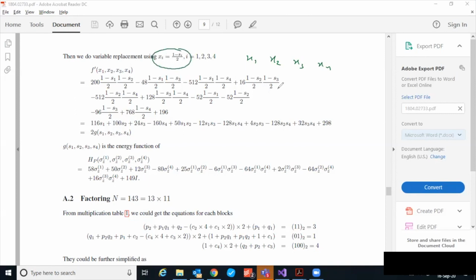As was said before, from a discrete variable, you can turn it into a spin variable. Right now x1, x2, x3, and x4 will be 0 or 1. But if we turn it into this form, let's say if x is 0, then 1 minus si by 2, so si equals 1. And if x is equal to 1, then si equals minus 1.